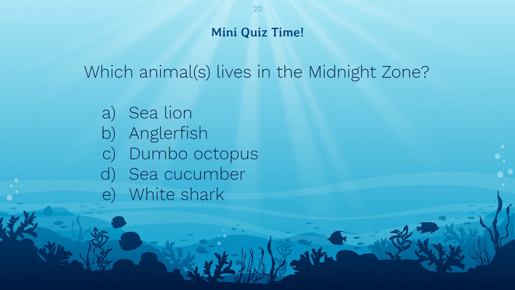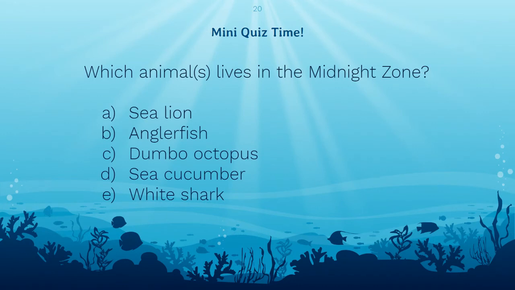Some more questions. Which animal or animals live in the midnight zone? We have A, sea lion, B, anglerfish, C, Dumbo octopus, D, sea cucumber, and E, white shark. So there can be multiple animals in this list.